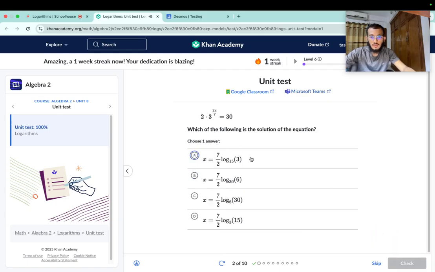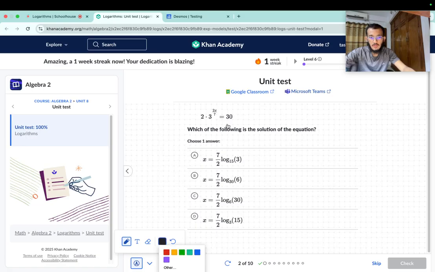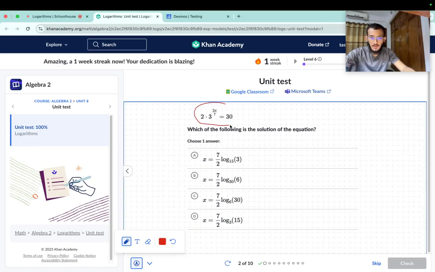Which of the following is the solution of the equation? Solution of the equation means I make x the subject and find its value. So it's 2 times 3 to the power 2x divided by 7 equals 30. If I divide both sides by 2, it is 3 to the power 2x over 7 equals 15.